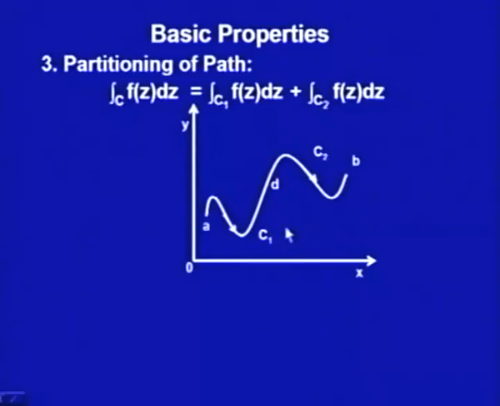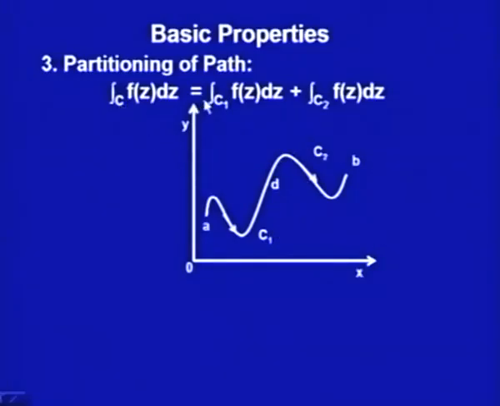It would be very difficult to find a parametric equation z equal to z of t for that contour, even if it is a simple line in this direction and in this direction. Rather, if I break it into parts, and integrate on this direction first, then on this direction, and then on this path, it would be much easier.